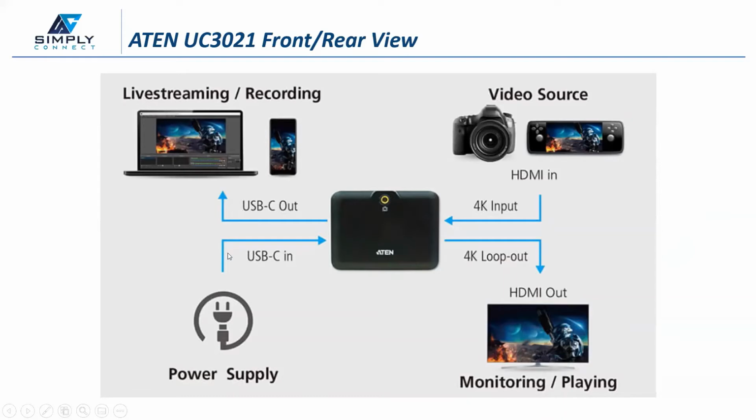So if you supply power in, you can supply power to your laptop and at the same time capture the video source as well. Then you can use your PC or laptop to stream out using Zoom, OBS, or any other software.